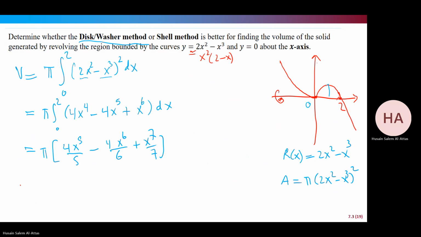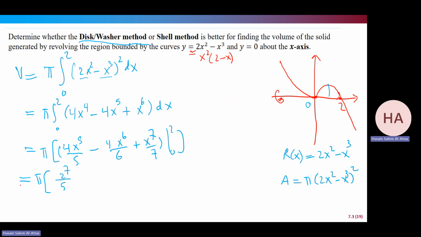That gives me that from where? From 0 to 2, sorry. So that will be pi of this. 2 to the power 5, 32 times 4. Oh, what a number. But you notice something: this is 2 squared times 2 to the power 5, that will be 2 to the power 7.